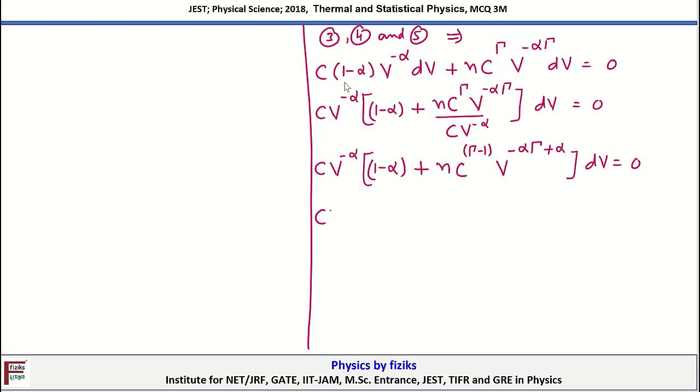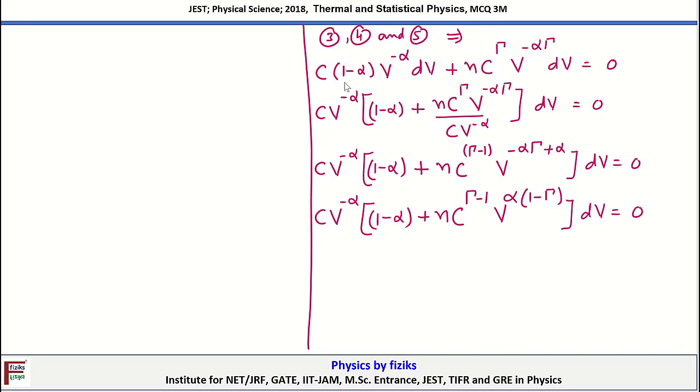Again this can be rewritten as c b power minus alpha, 1 minus alpha, and then n, c power gamma minus 1, and b power, you take alpha outside, 1 minus gamma, dV, that's equal to 0.